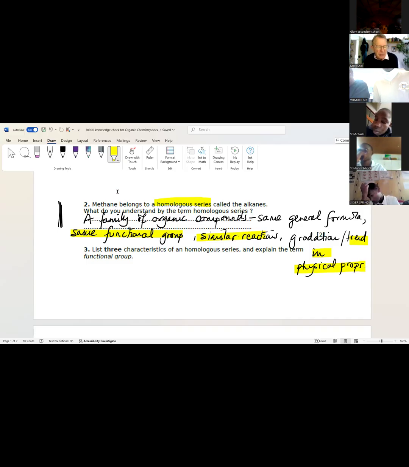Characteristics just means something interesting about them. The best thing to say is that they have the same functional group, or you could say the same general formula, but the best 2 other ones are similar reactions and the trend in the physical properties.